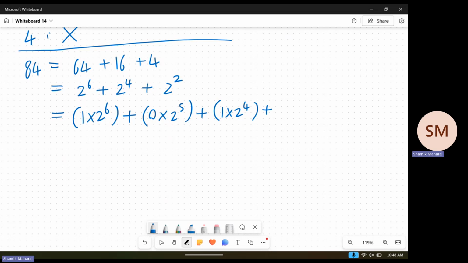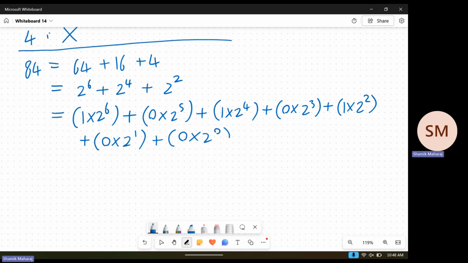2 to the 3, I don't see it there, so that gets a 0 in front of it: 0 times 2 to the 3. 2 squared is there, so it gets a 1 in front of it. And 2 to the 1 is not there, so it gets a 0. Sorry, I said 0 and I wrote 1. That should be a 0: 0 times 2 to the 1. And the last one, 2 to the 0, is not there as well.